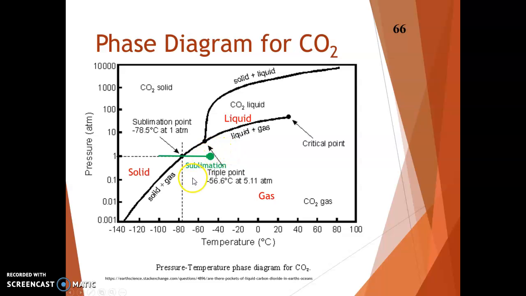All right, so here's another one. So if we took our solid carbon dioxide and we increased the pressure like we did before with the water, oh look, nothing happens here. So it's still a solid.